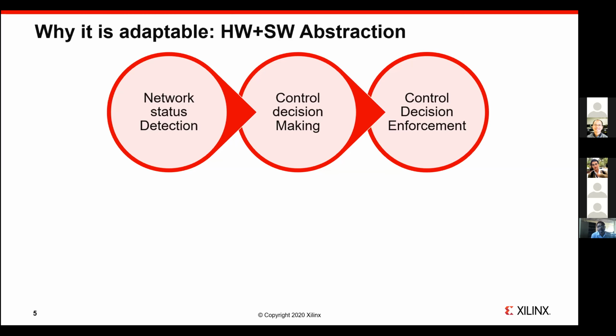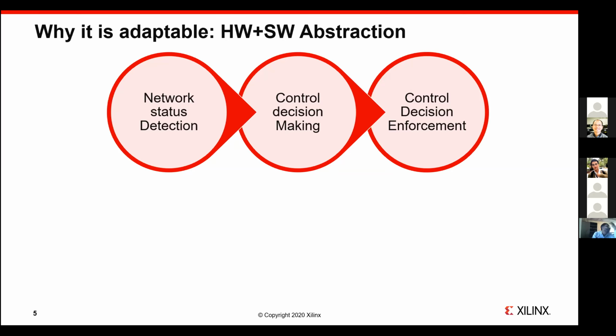To do congestion control, there are quite a lot of algorithms, but after non-trivial analysis of the existing congestion control algorithms, we could form a way to abstract the processing. We could split the processing into three phases. The first phase is measurement: before you do anything, you need to know the status of the end-to-end network.